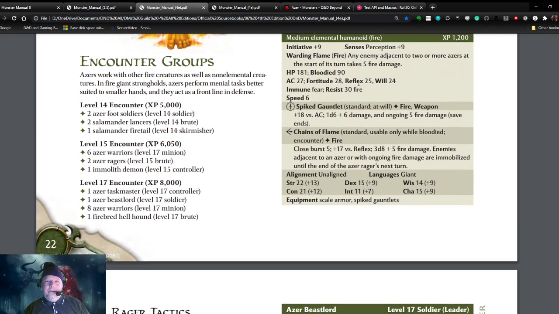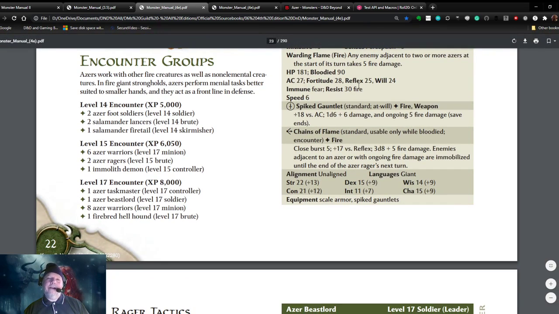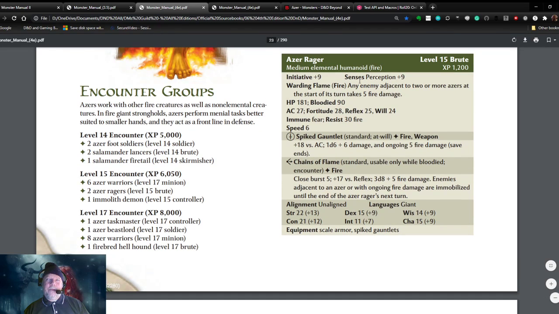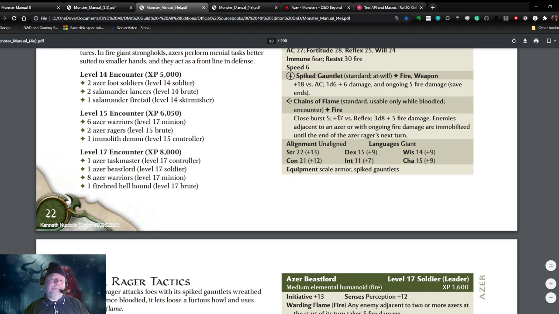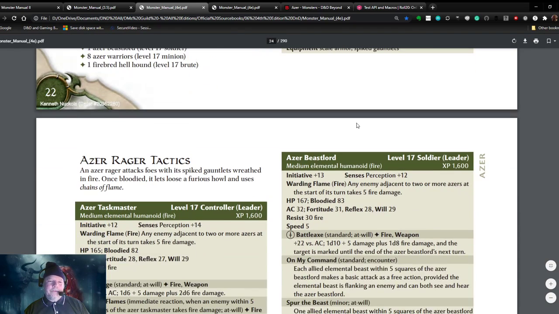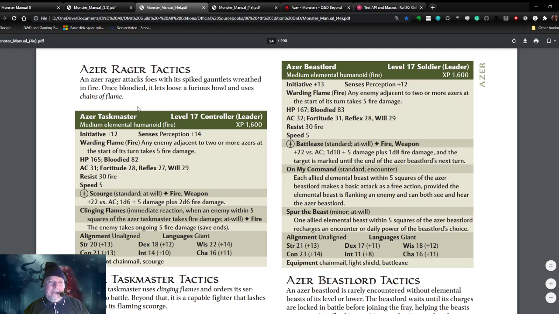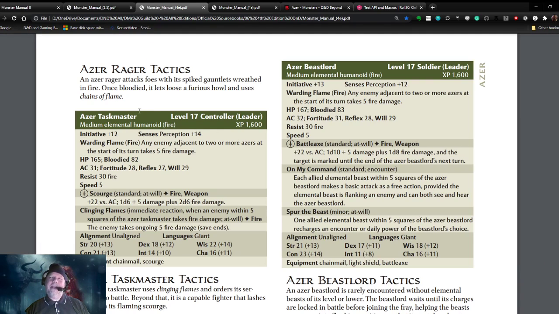So in 4th edition, bloodied almost always had a mechanical effect, and a lot of monsters did this thing that once they get bloodied, there are special abilities they can use. That doesn't really happen in 5th edition, but I think bloodied is nice because it tells you as a player, is this enemy above half health or are they at half health or below?